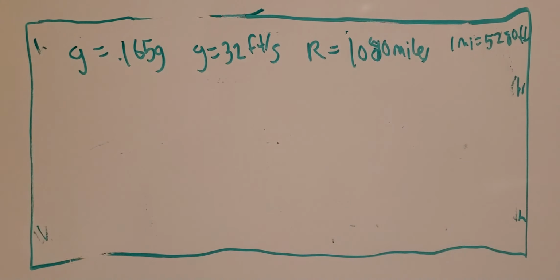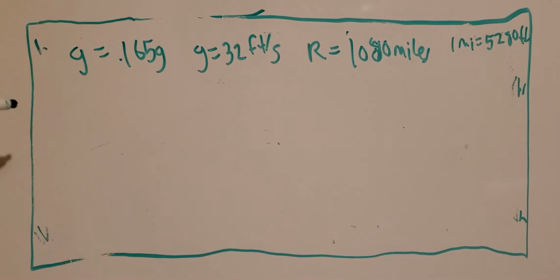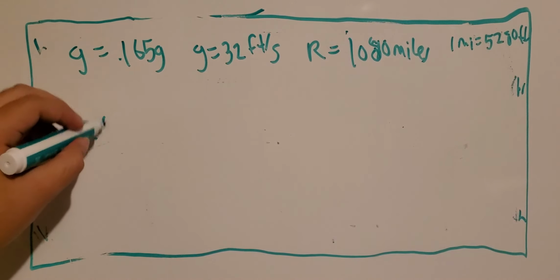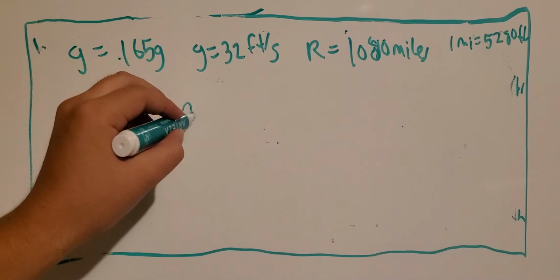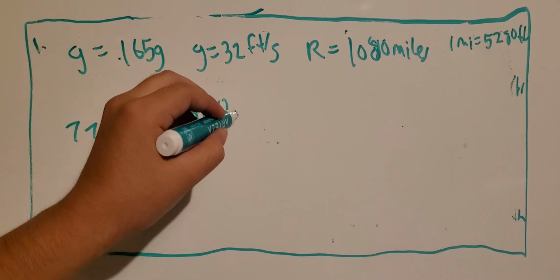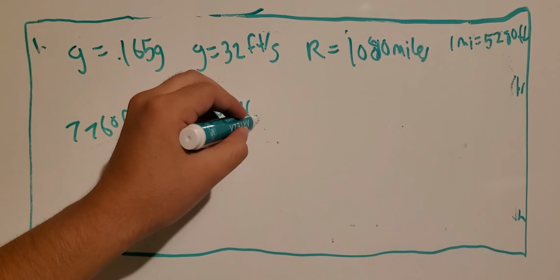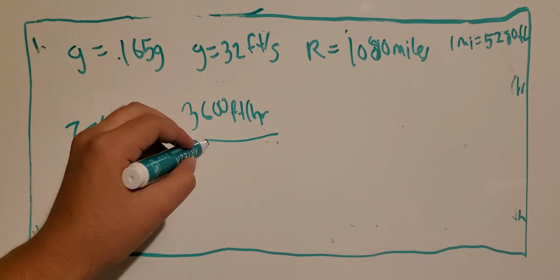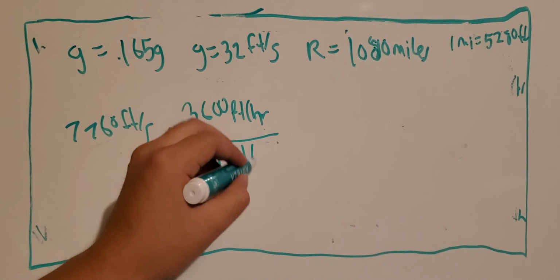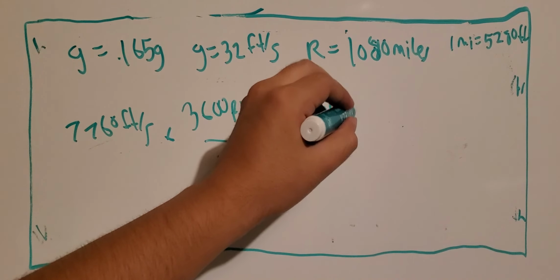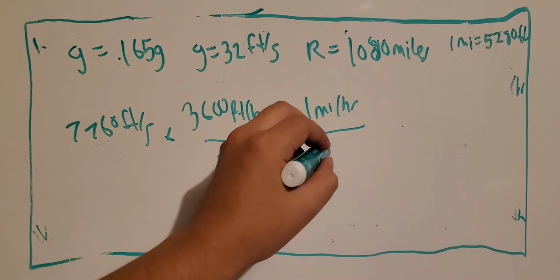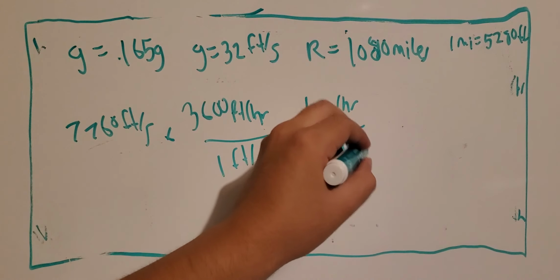Our answer in feet per second was 7,760 feet per second, so using dimensional analysis, we convert feet per second to feet per hour, and 1 mile is equal to 5,280 feet.